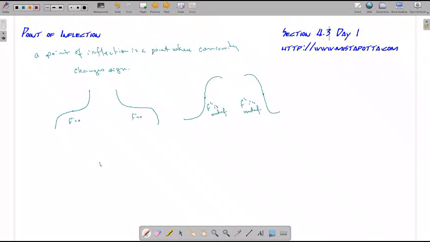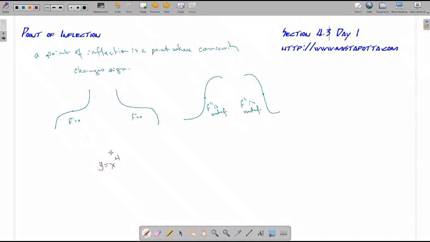And I want to look at y equals x to the fourth, because this is a great example of how, even though we can use the first and second derivative to find extrema, we really can't tell that much about what's happening to the concavity of the shape.